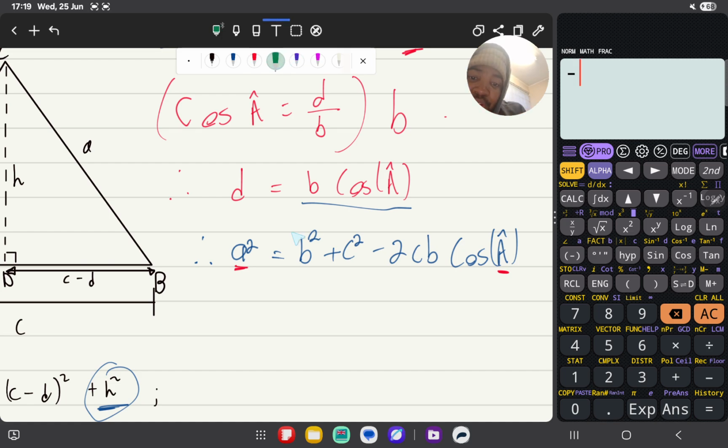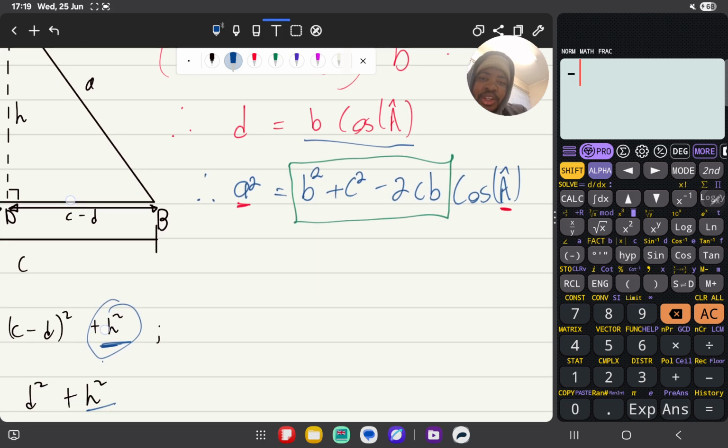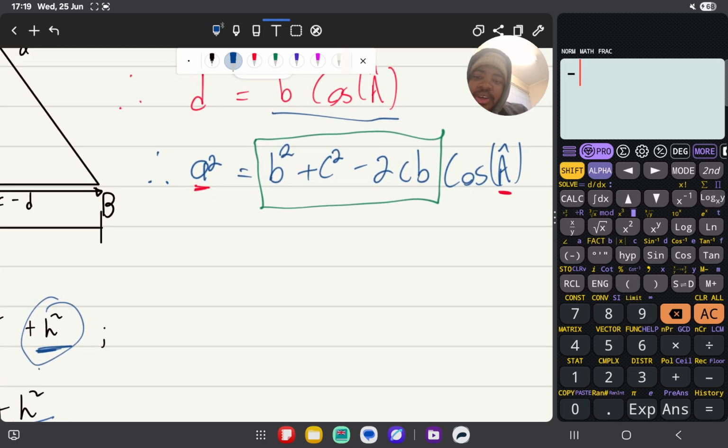And then when you look at this, we do not see any a there, right? We see b squared and c squared, c and b. We do not see any a there. From this, you can conclude that when you continue further to find the other sides, you will have something like this.